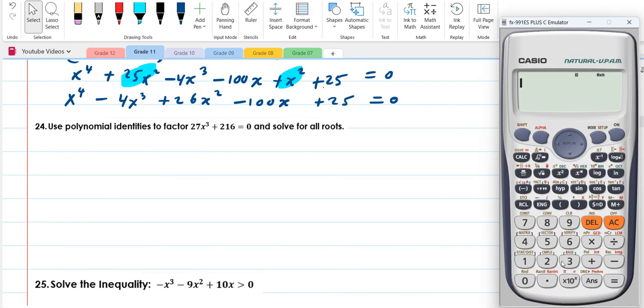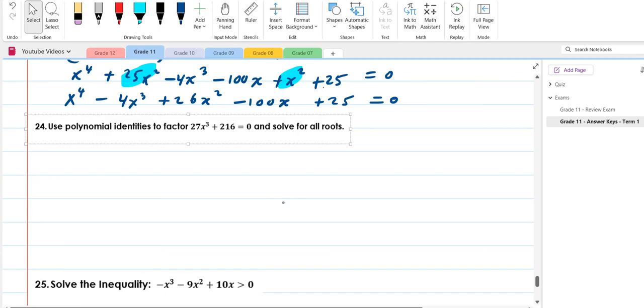So 27 divided by 9, we get 3, and 216 divided by 9, we get 24. 3 and 24. So I think we can divide the entire equation by 27. So 216 divided by 27, is that possible? Yes. So we can actually simplify this equation by dividing it by 27, because when you're solving an equation it must be in standard form.